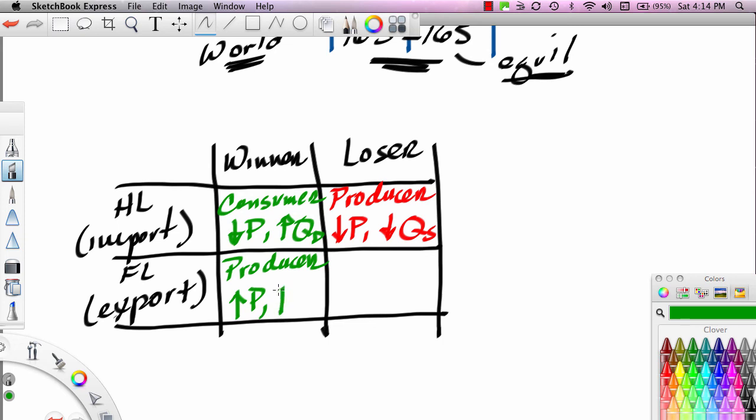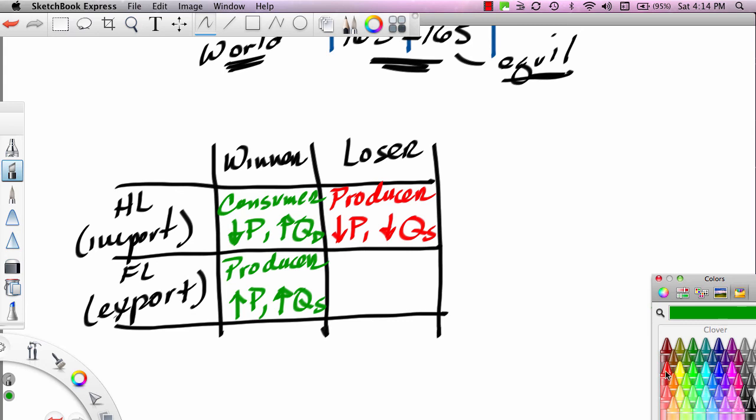We saw them producing more. They were able to go from producing 125 million bushels to producing 150 million bushels. So they were able to charge more and sell more. Exporters love that. That's heaven to a producer.